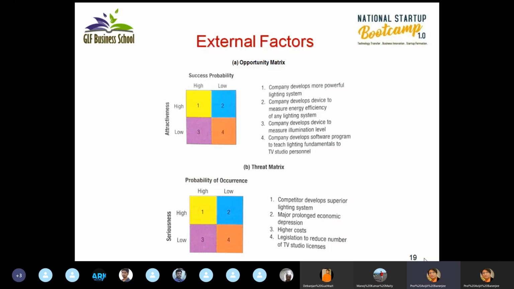It may be higher cost. It may be legislation to reduce number of TV studio licenses, and put these factors in this matrix in the same way to assess the seriousness of the threats and the probability of occurrence.